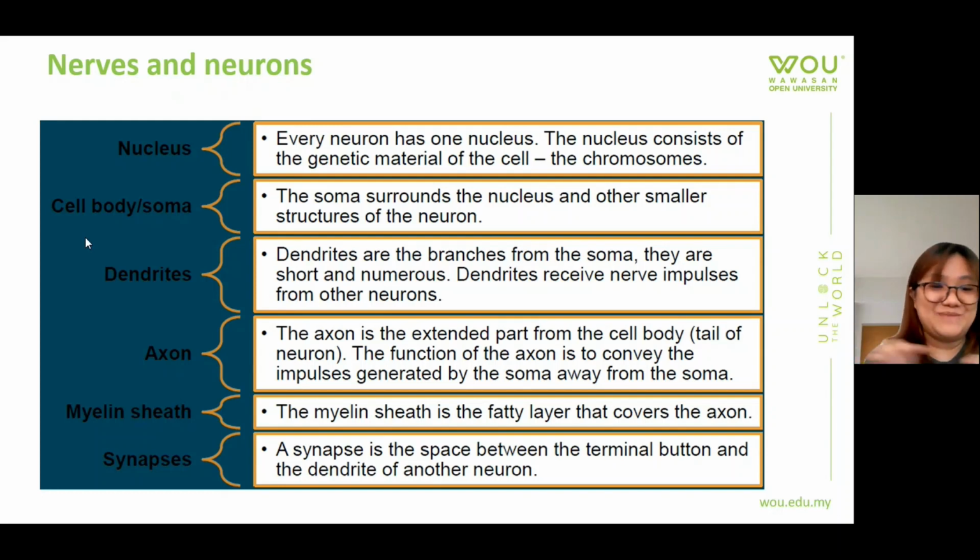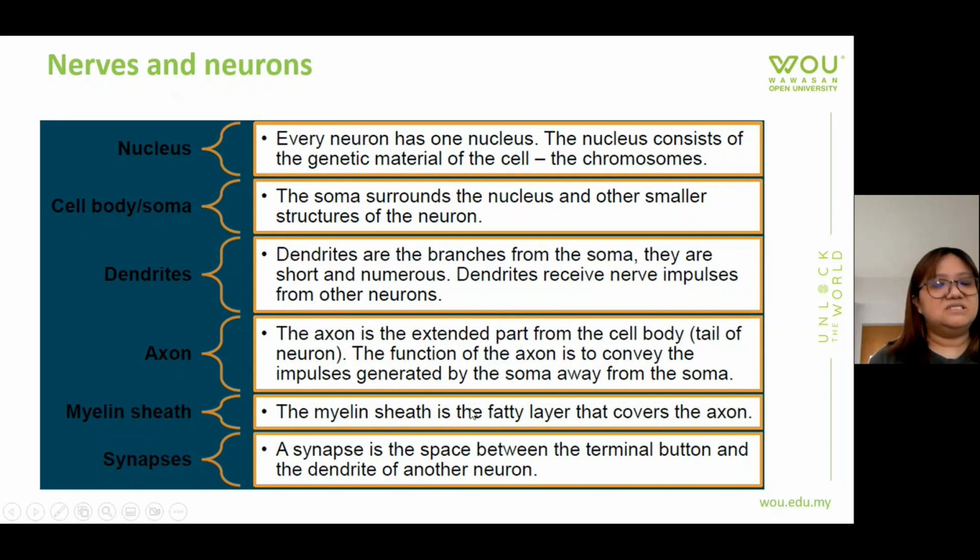I remember it in this way. And after that, the final structure of the neuron is the synapse. The synapse is a space in between the terminal button and the dendrites of another neuron. In the subsequent slides, we will see all these parts in images.